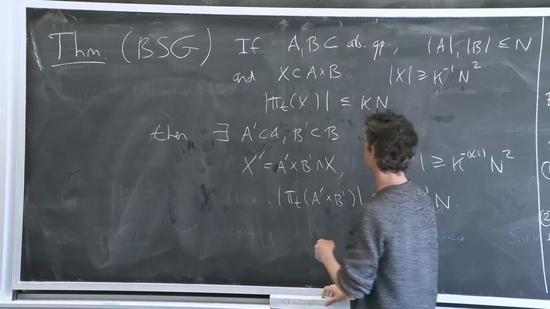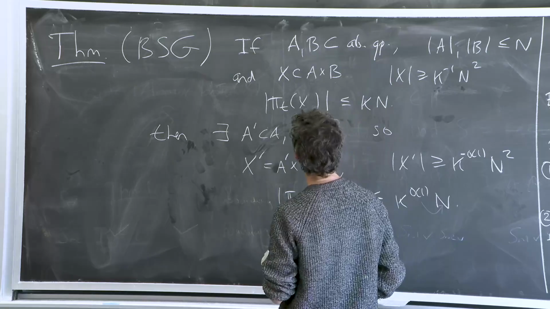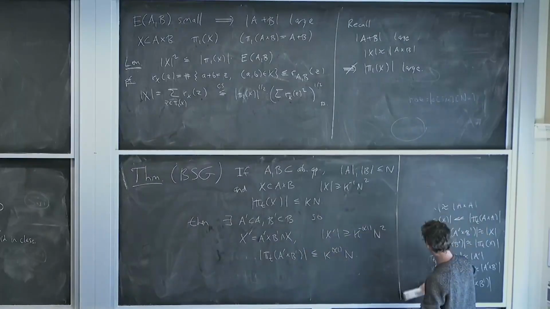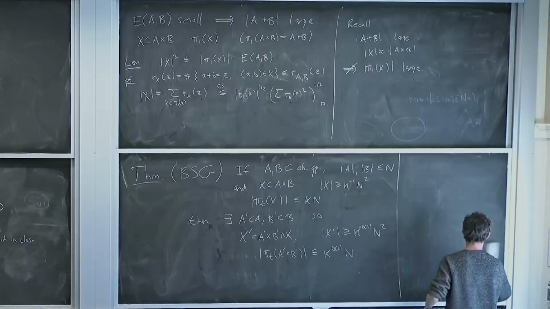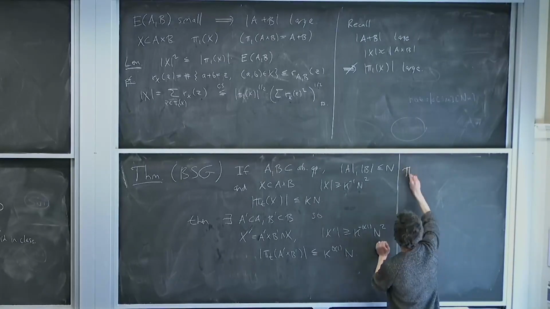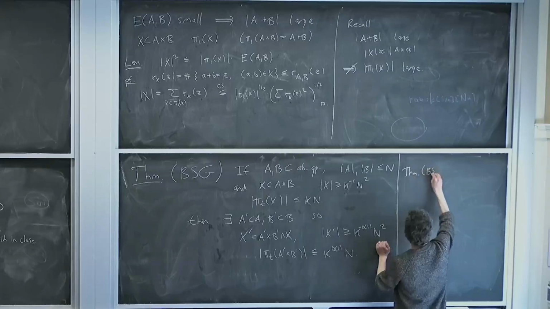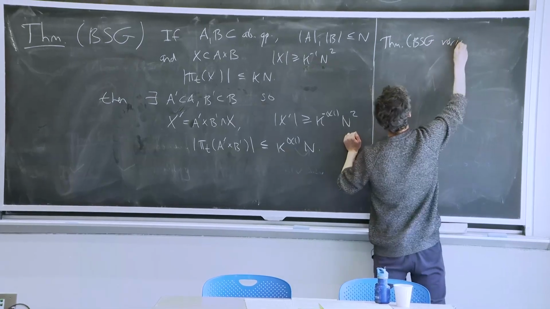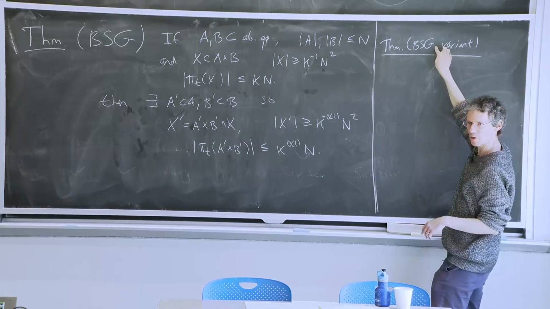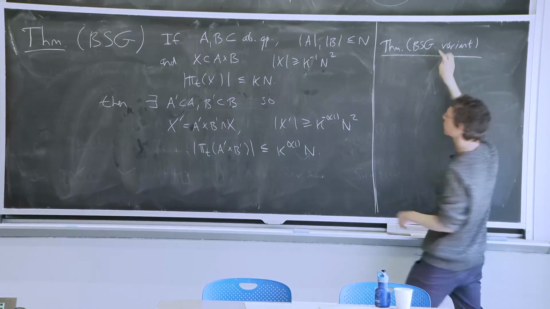Let me put it here. So theorem, BSG variant. This is the way it's most commonly said, so I would be a bit remiss not to show it to you.